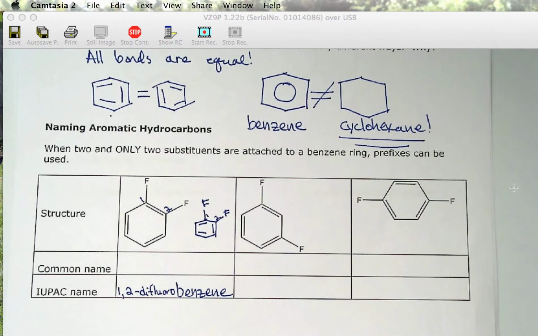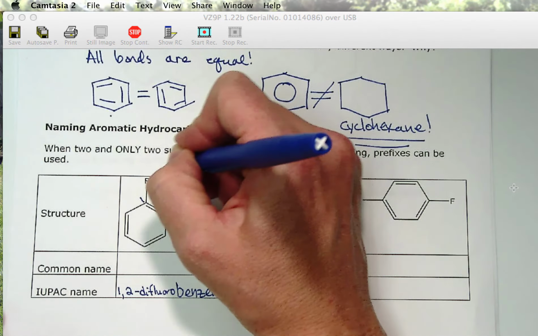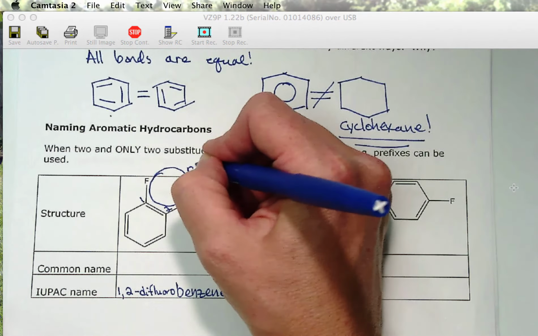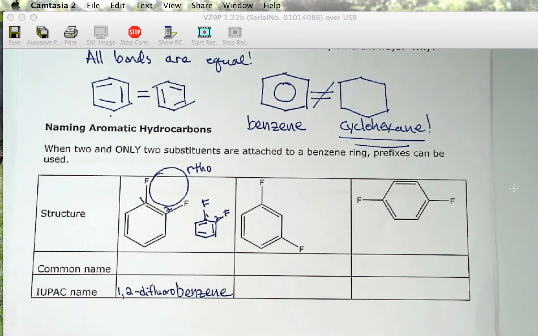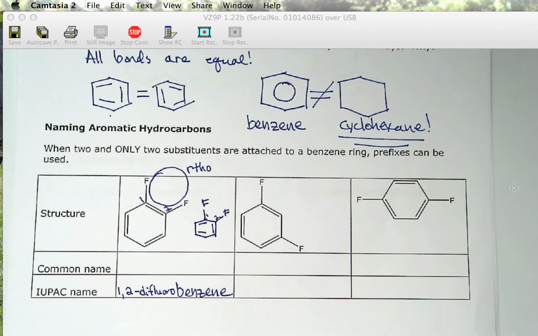That's the IUPAC name. There is a common name when you have 2 substituents on a benzene ring. And it's called ortho. The common name is almost the same as the IUPAC, but instead of numbers, you just say o. o-difluorobenzene.